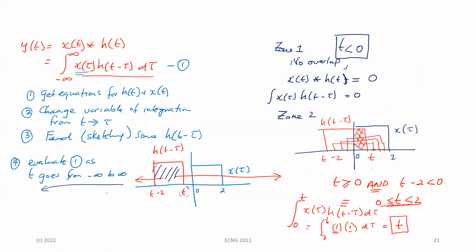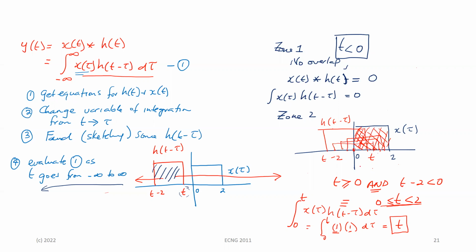I'm just drawing them at different heights to show. Eventually, at some point in time, t is going to be here, and t minus 2, the back of the pulse, is going to be right here. In other words, at that point in time, the entire h(t minus tau) is going to be over x(tau). One pulse is going to be totally over the other one.